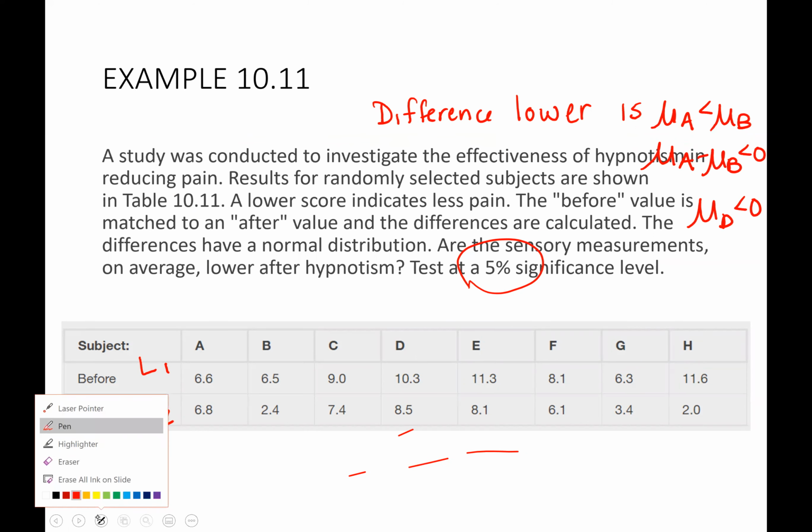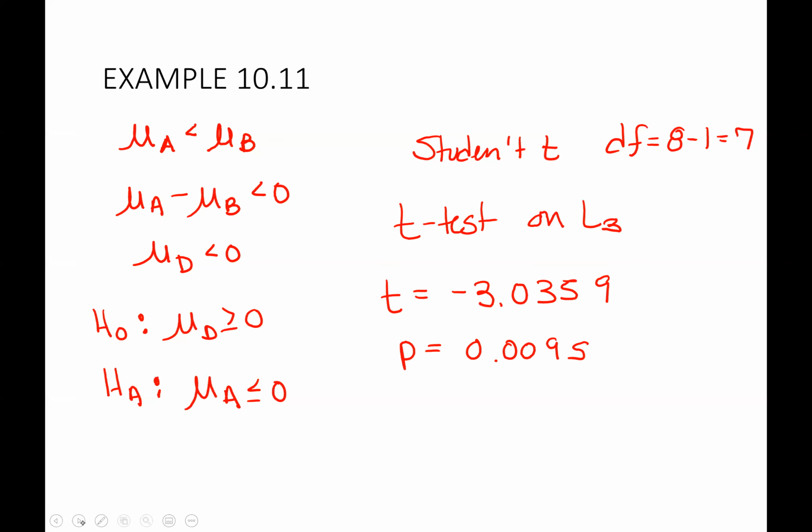PowerPoint breaks. Okay, so what decision are you going to make? If the p is low, the null must go. So since p is less than alpha, you're going to what? Reject the null hypothesis. So what does this data show?